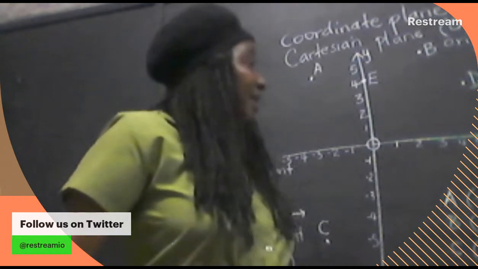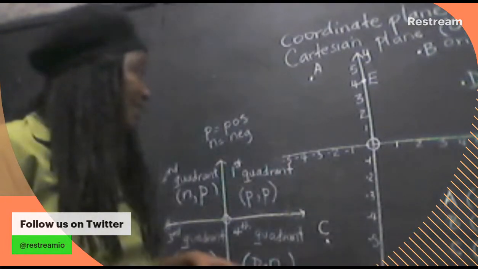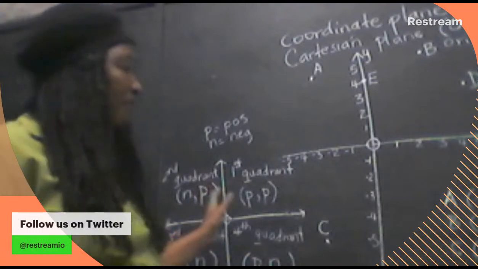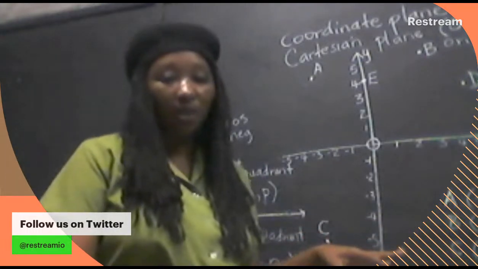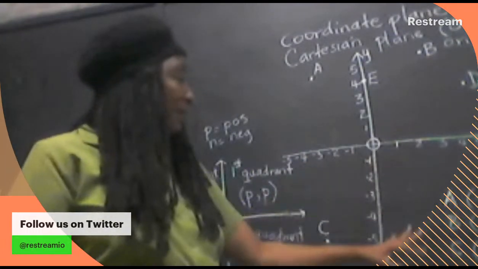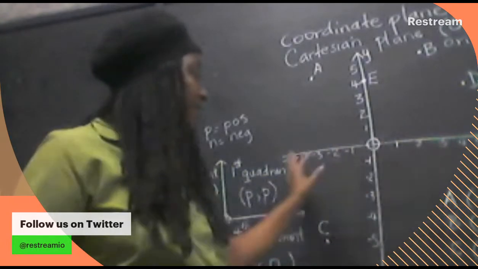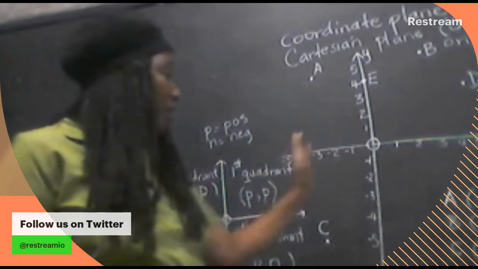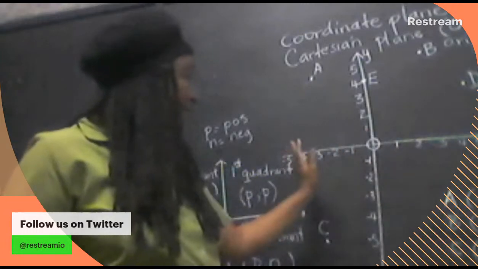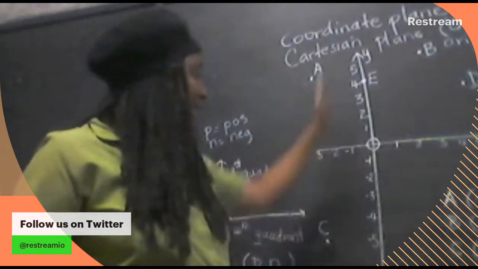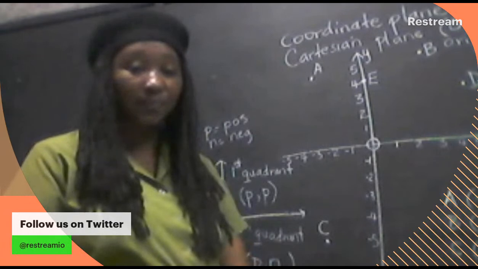All right, so this is it for the fundamentals of graphing. Using the coordinate plane, knowing your axes, knowing whether you're on the positive or the negative for both the x-axis and the y-axis.